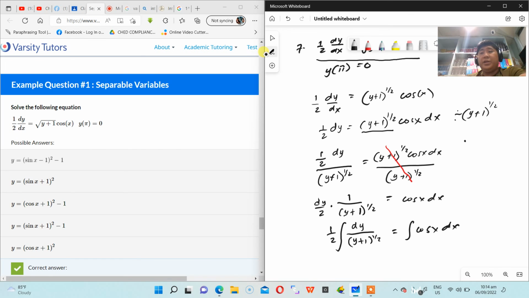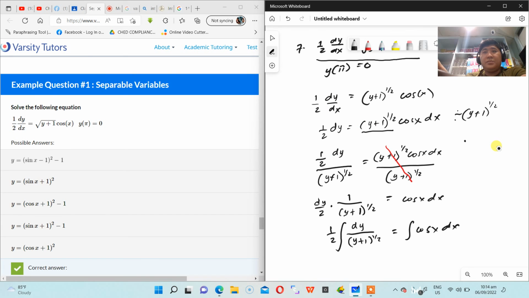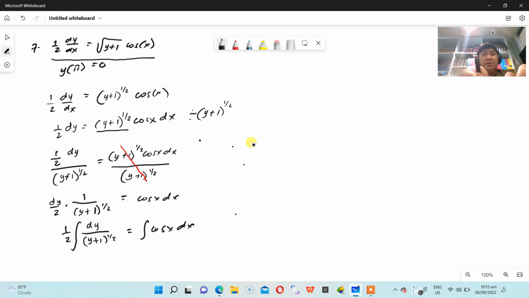So how will we integrate it? How will we integrate the differential equation? So how will we integrate this one?